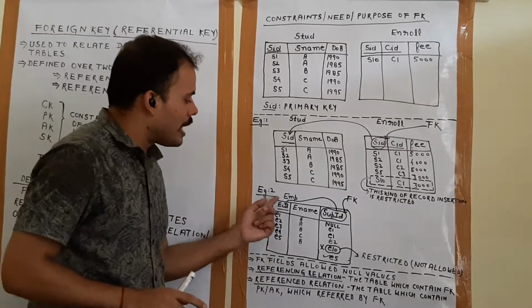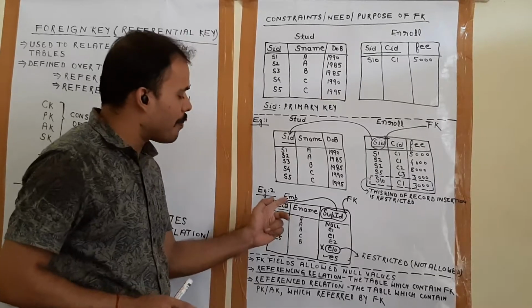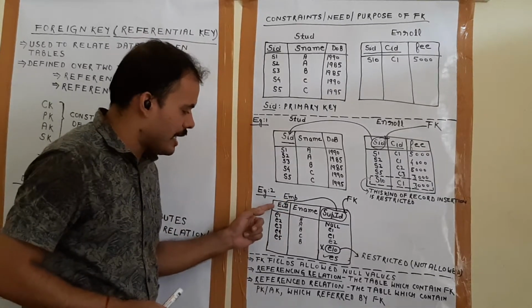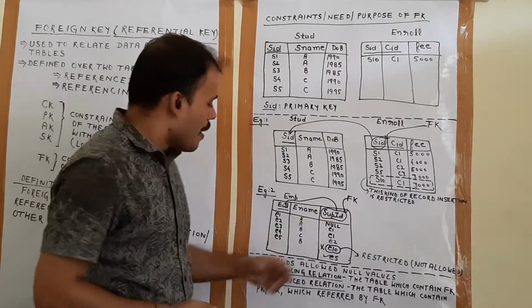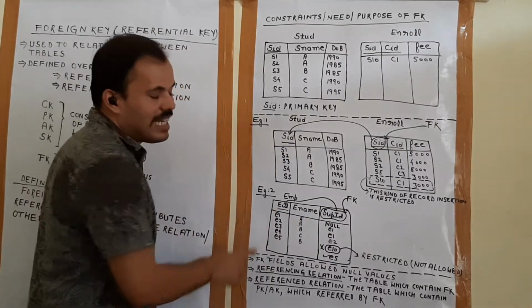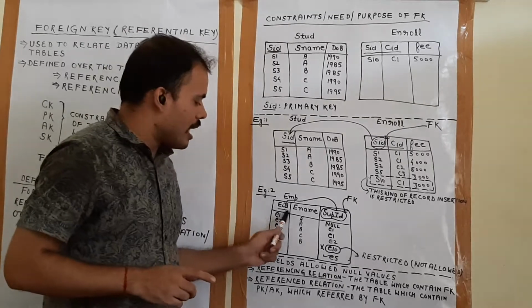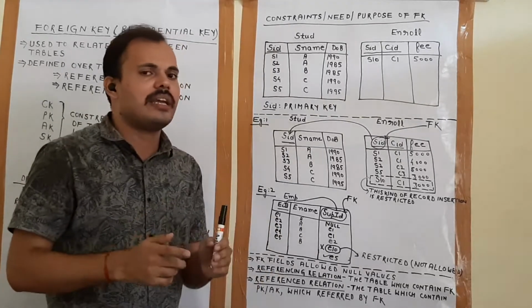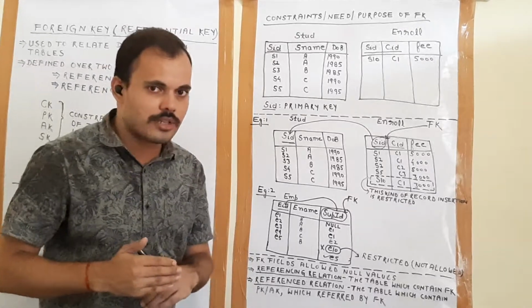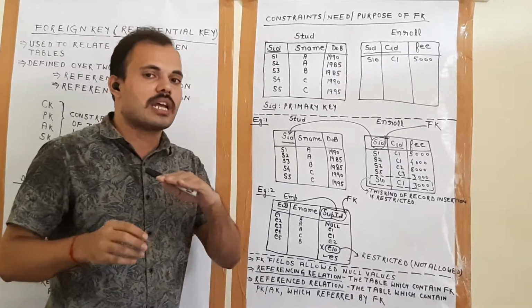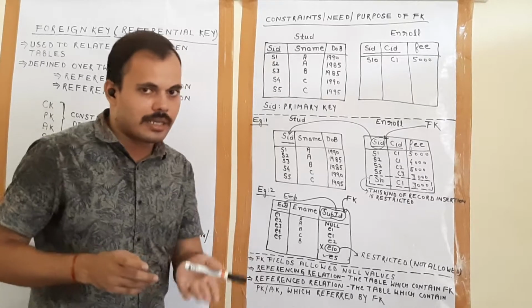The table name is employee, EMP, with EID (employee ID), employee name, and supervisor ID. Employee ID is the primary key. Here we underline the candidate key. The attributes which are underlined are candidate keys.